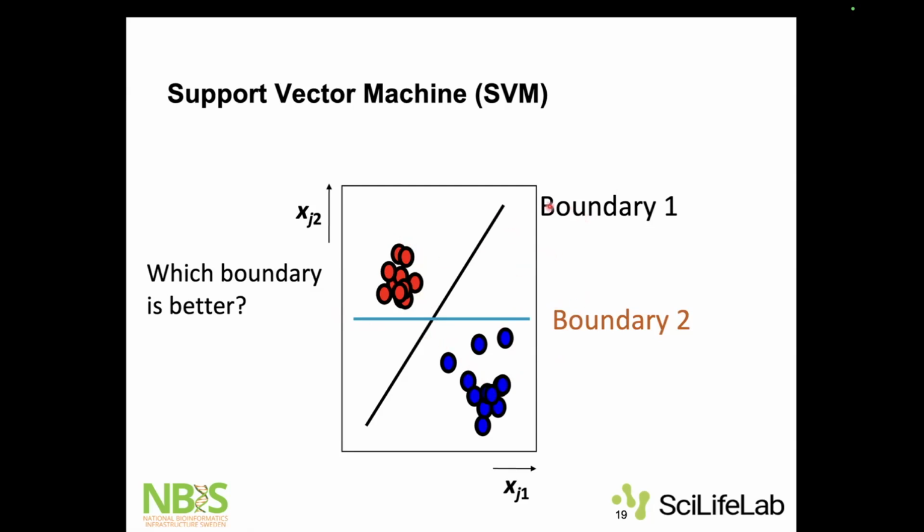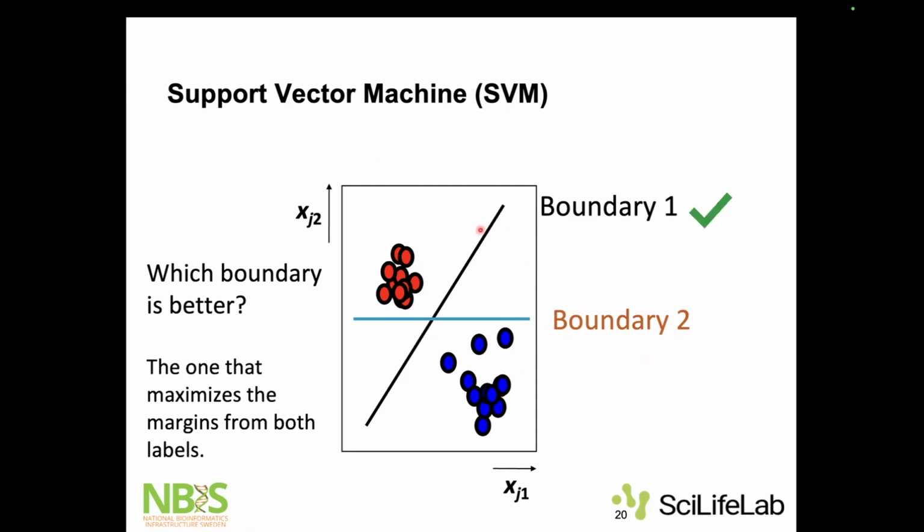But the question is which one of them should be chosen, and that is what SVM is really doing. SVM tries to find the boundary that maximizes the margin from both groups of the population. If we have this black one, we don't get error, but this boundary is far away from the different populations of cells. Imagine you have noise in your data and you want to be away from all of them.